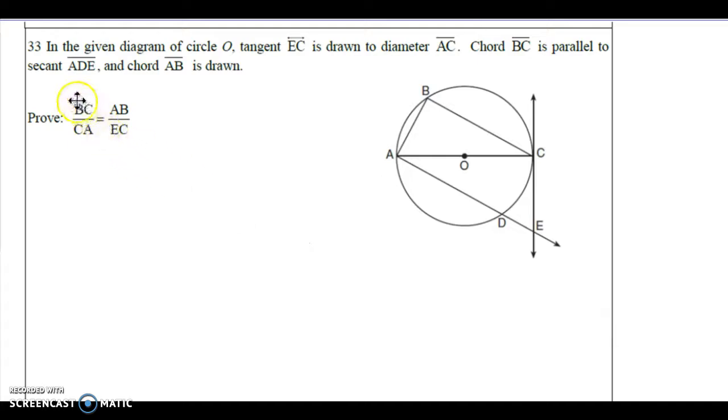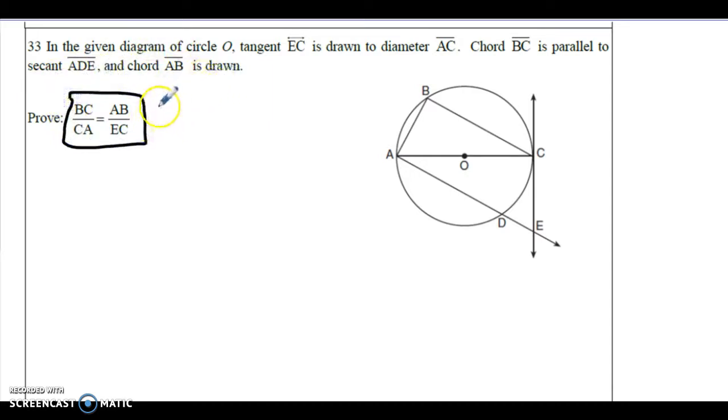Okay, so it says in the given diagram of circle O, tangent EC is drawn to diameter AC, chord BC is parallel to secant ADE, and chord AB is drawn. So what I want to do is prove that BC to CA is equal to AB to EC. Really, when I see something like this, I know that I need to prove that two triangles are similar first.